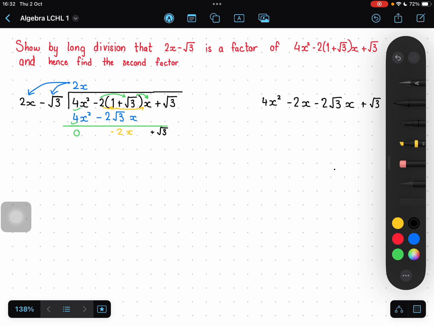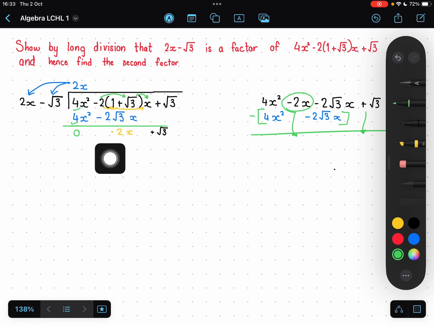And then underneath it I have my 4x squared and my minus 2 square root 3 times x. So if I take this line away from the line above, nothing has been taken away from the minus 2x, and nothing has been taken away from that square root 3. So that's what I'm left with there.